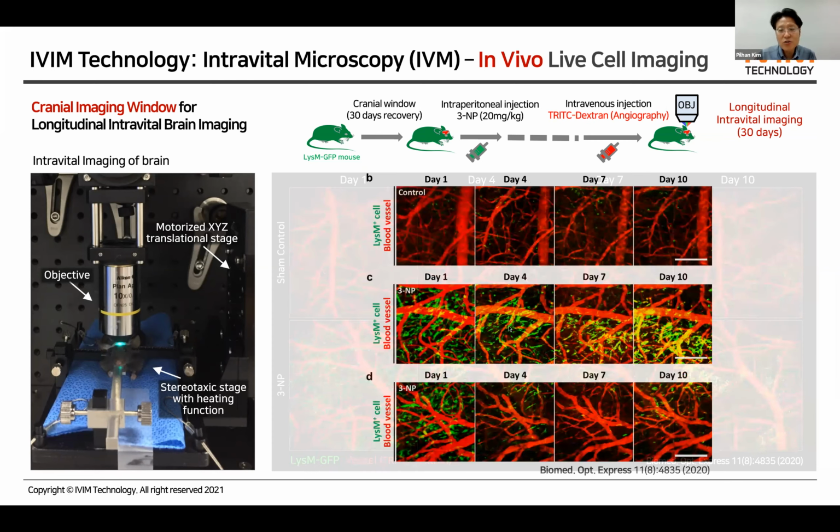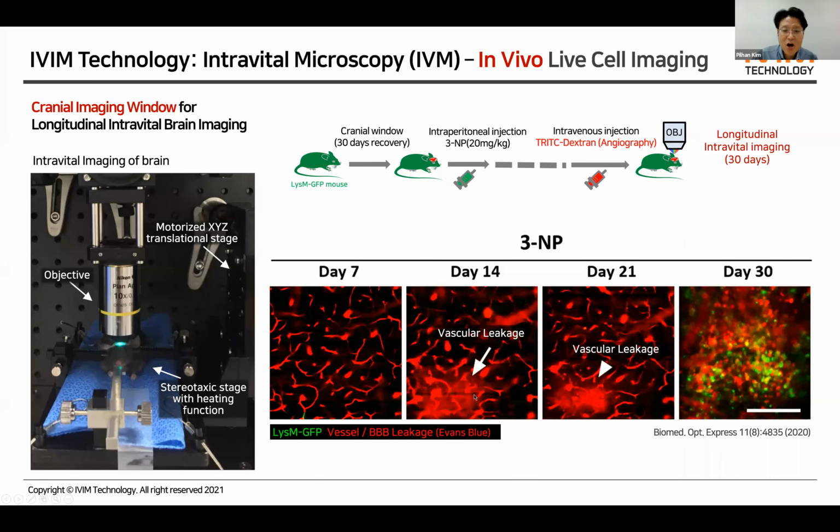We can also monitor the function of the blood vessel. In this case, vascular leakage occurred at day 14 after the induction of general inflammation. Again, you can see the same blood vessel pattern, so we can be sure this is the same site imaged at 7-day intervals: day 7, day 14, and day 21.